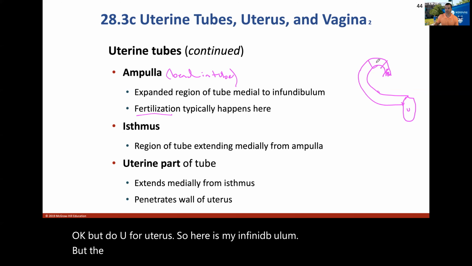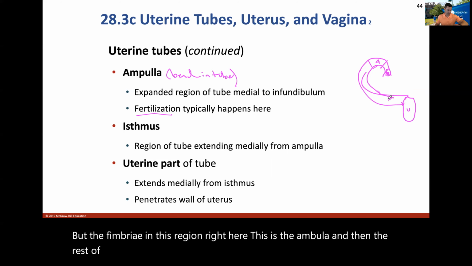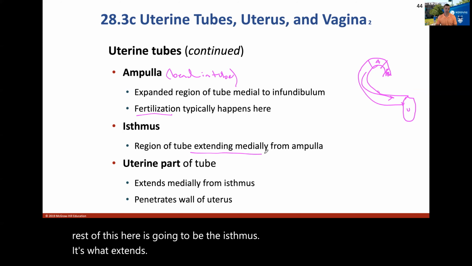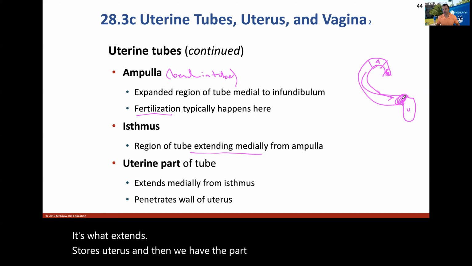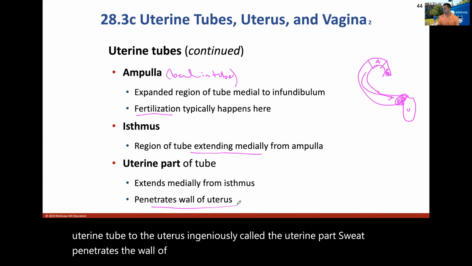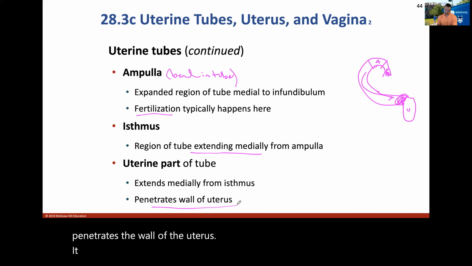In this region right here, this is the ampulla. And then the rest of this here is going to be the isthmus. It's what extends towards the uterus. And then we have the part right here that connects the uterine tube to the uterus, ingeniously called the uterine part. It's what penetrates the wall of the uterus.